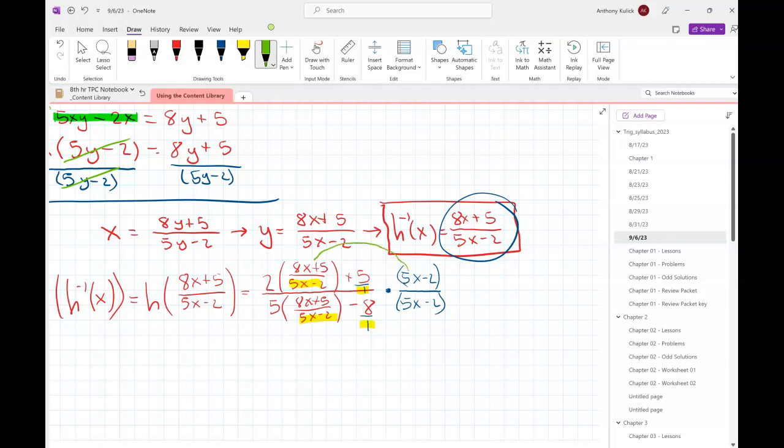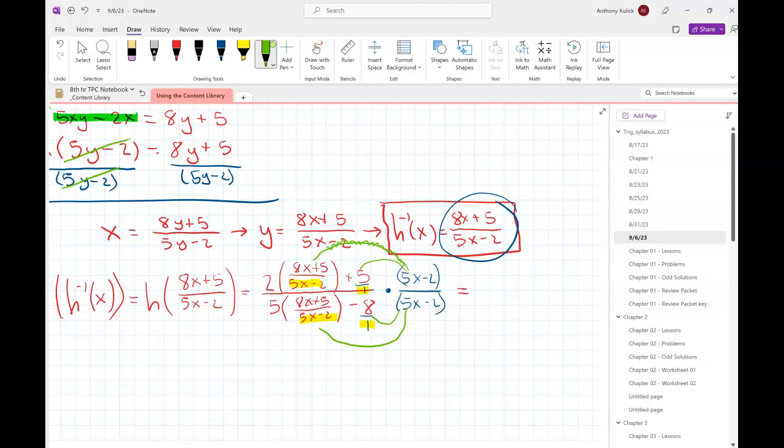So now when I distribute this through to the top and bottom of my fraction, what happens when I multiply 5x minus 2 with the fraction (8x plus 5) over (5x minus 2)?